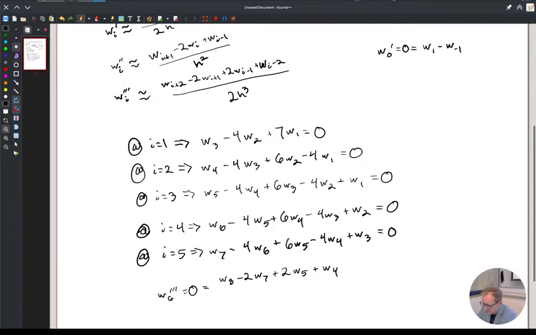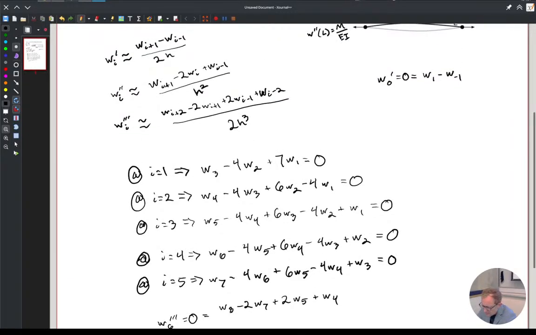Oh, did we get the wrong sign? It should be w1 equals w-1. I think we're right for there.